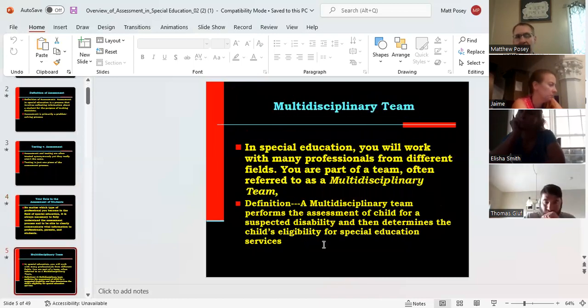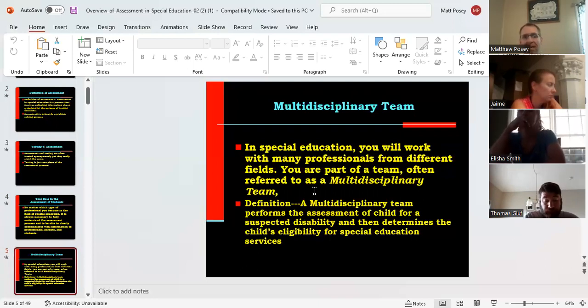Most of you know this term, the multidisciplinary team, often referred to as the IEP team. You're going to work with many different professionals in the field. I mentioned this the first night when I went over the assignments: we implement some of the group projects to get you accustomed to working with a variety of individuals and learning how to work with them.